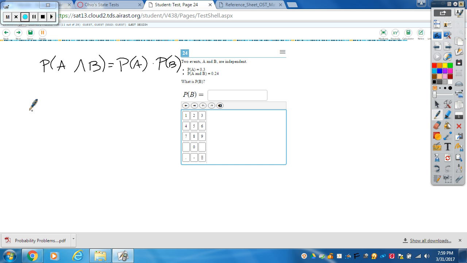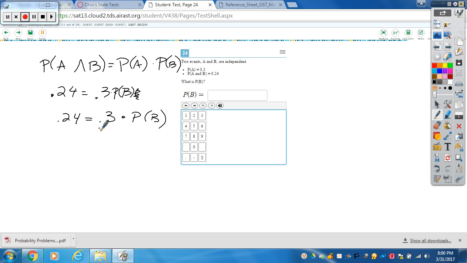And so if I go ahead and put this down, the probability of A and B, 0.24, is equal to the probability of A, 0.3, times the probability of B. Let me rewrite that so it's better. 0.24 equals 0.3 times the probability of B. Okay? So how do I get the probability of B by itself?